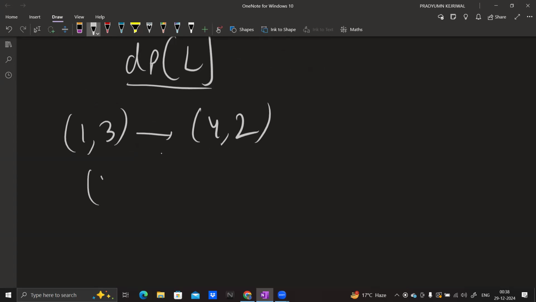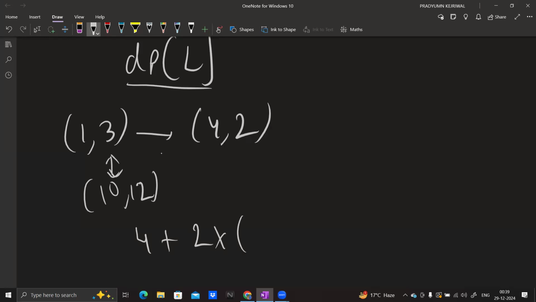Then to calculate for 4 comma 6, this is the same length, right? Actually, let's not take 4 comma 6. Let's say we take 10 comma 12. So they are the same length. So you can calculate this by just doing 4 plus 2 into 10 minus 1, which is 9.